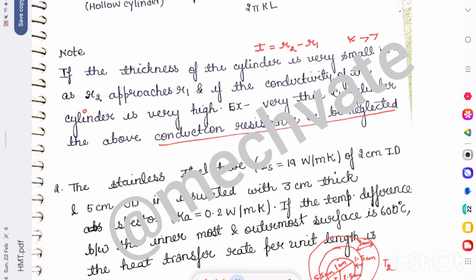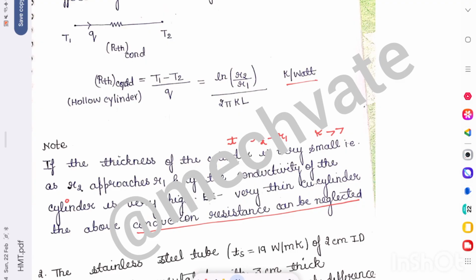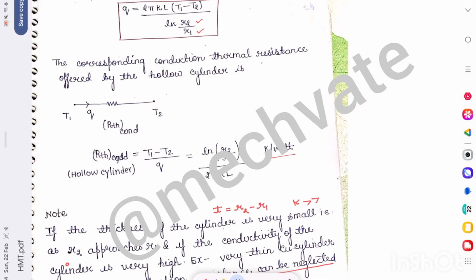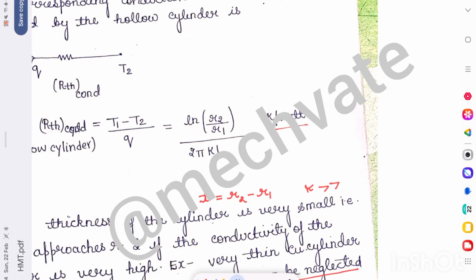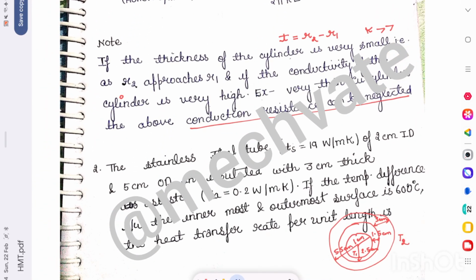The formula is Q equal to 2 pi K L (T1 minus T2) upon ln R2 by R1.